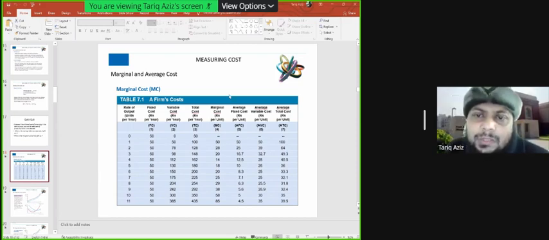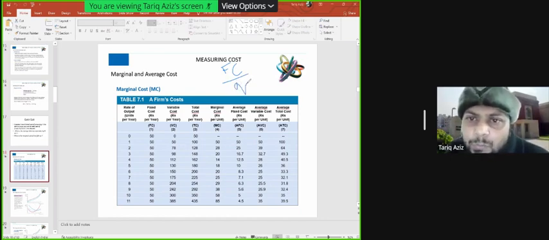And this is because the numerator is fixed and we are increasing the denominator, because what is average fixed cost? Average fixed cost is fixed cost divided by Q. So if we keep increasing Q, the resultant is supposed to decrease.